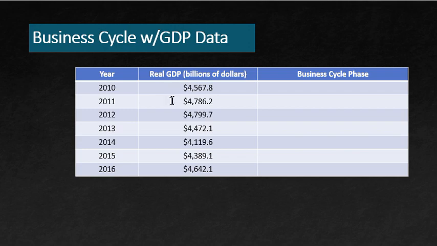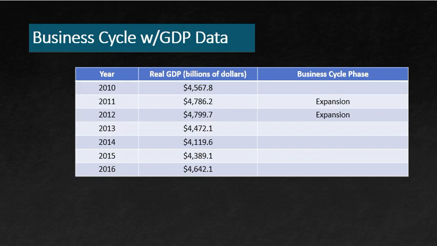If we look at 2010, our real GDP was 4,567.8. Then when we go to 2011, real GDP goes up, so in that period of time, we had an expansion. We go into 2012, again, real GDP is going up, so that's still an expansionary phase.